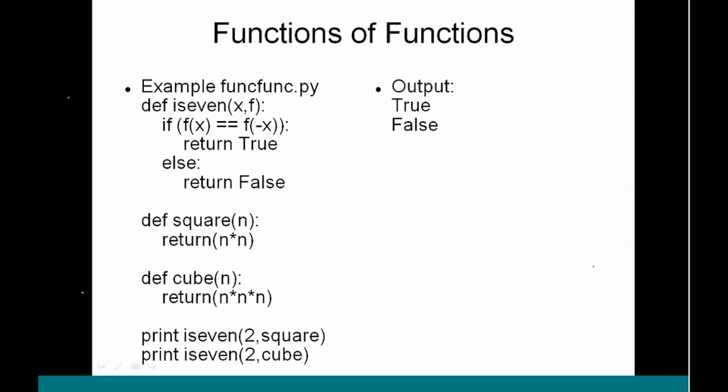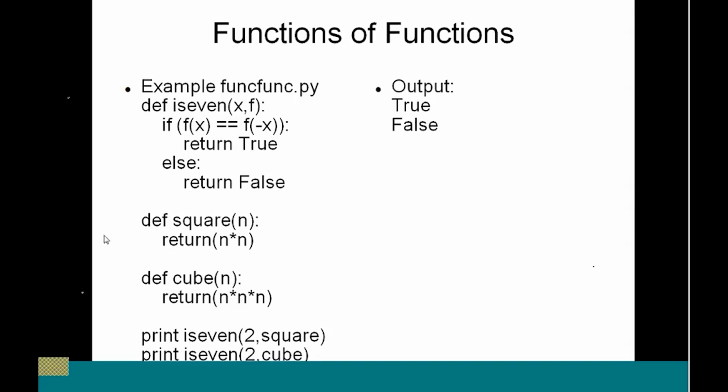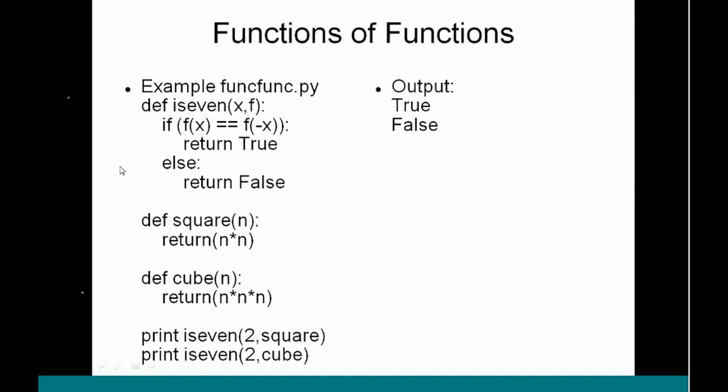Now, function of a function essentially. So here is_even is a function which takes x and f, and then we do a test: if x is the same as f of minus x, then we return true, else we return false.